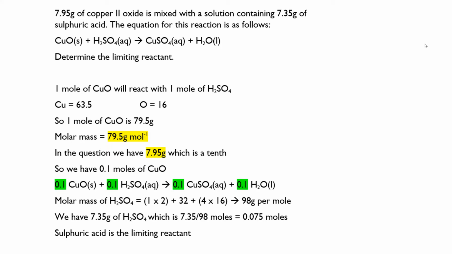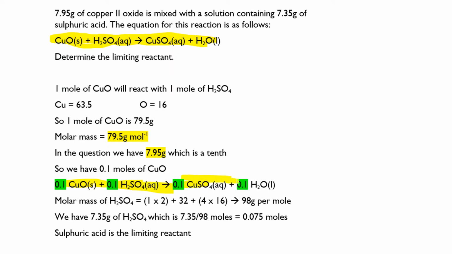So now that we have 0.1 moles of copper oxide, we're going to multiply everything by 0.1. Here we multiply every term by 0.1, and that's how we got these green numbers in front.